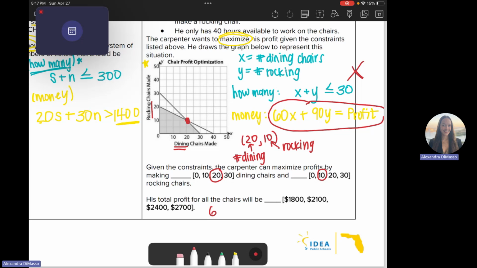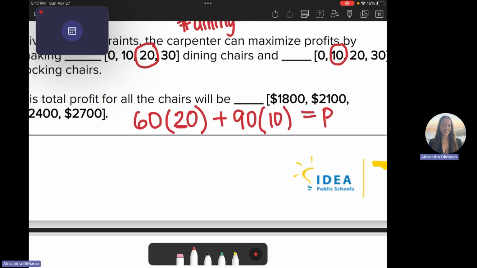So $60 for each dining room chair, and he makes a total of 20. So I'm going to plug in a 20 here. Plus $90 for each rocking chair he makes, and he makes a total of 10. So when I do this, I'm going to get what his profit is.